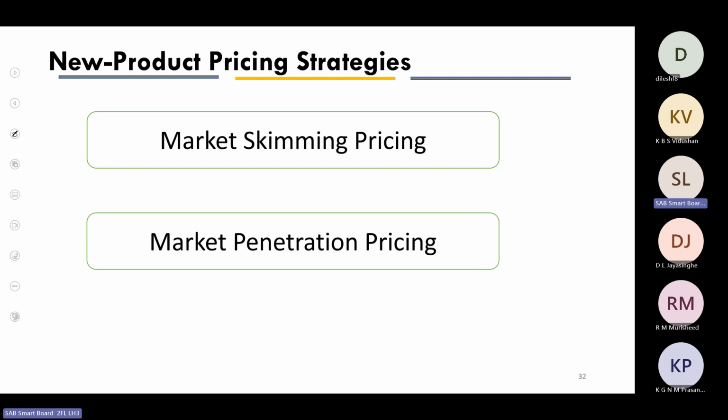In market skimming, companies charge a high price compared to other competing products in the marketplace.